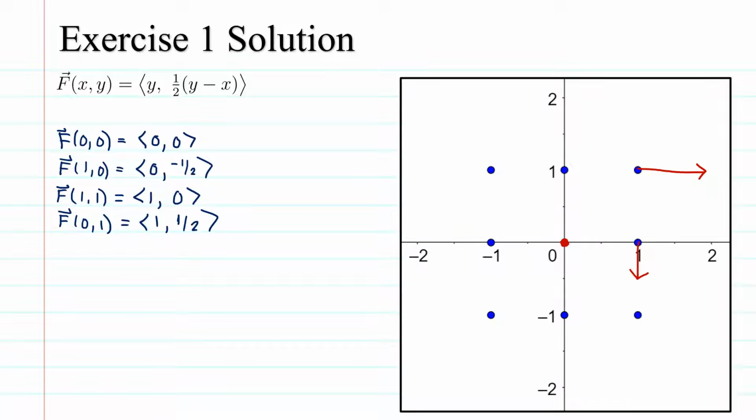So from 0, 1, 1, 1/2. Next, f of negative 1, 1 is 1, 1. So from negative 1, 1, 1, 1.